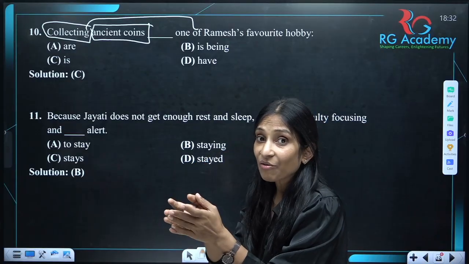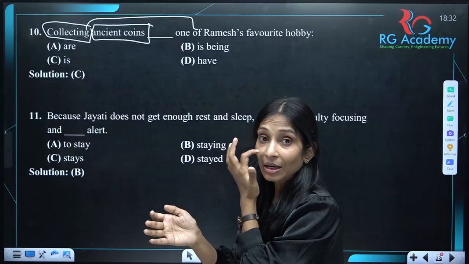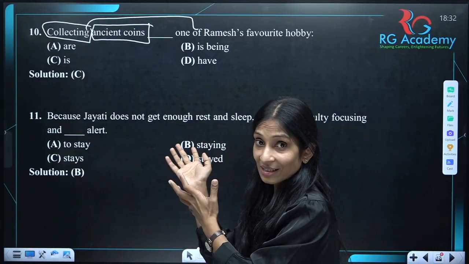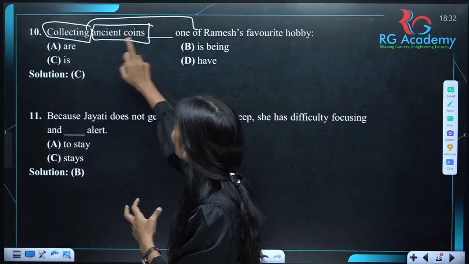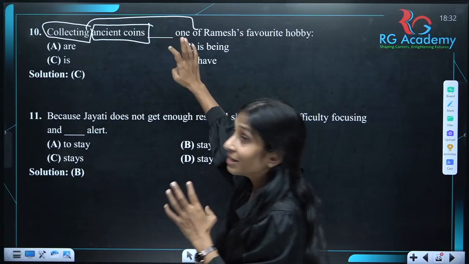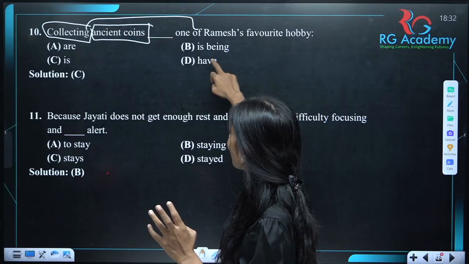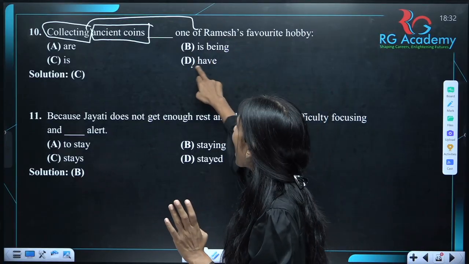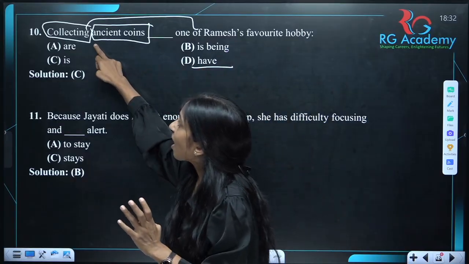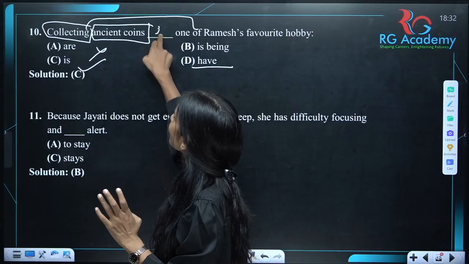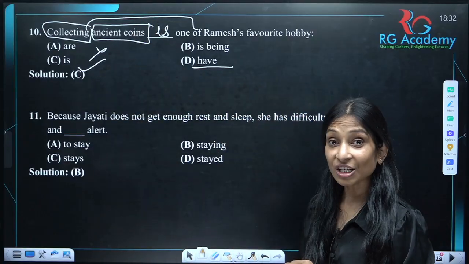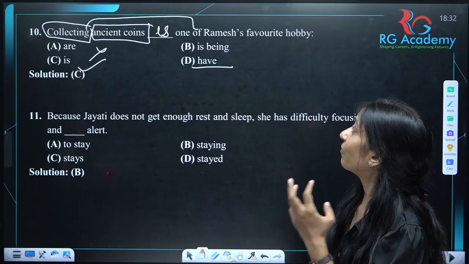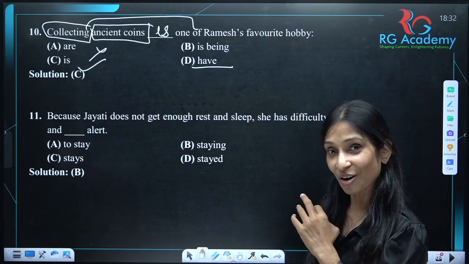So collecting is our main subject and not ancient coins, right? So collecting ancient coins, and we need a singular verb again. So "is being" is not suitable, "have" is plural, "are" is plural. So the correct answer is: collecting ancient coins is one of Ramesh's favorite hobbies.